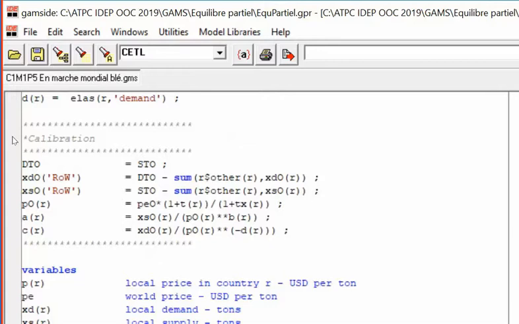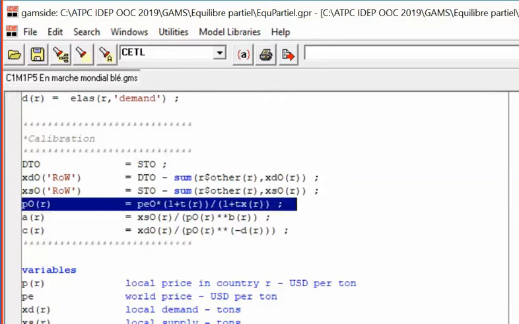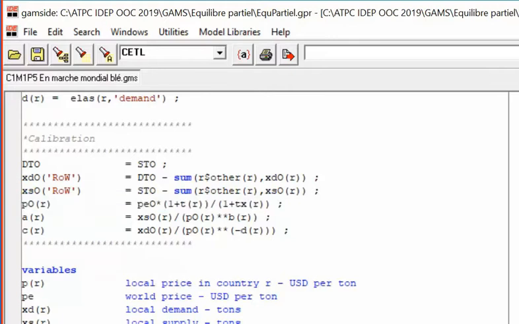With the equation on P0, the relation between P0 and PE0, I know that the price linkage equations will be respected. And with these first three equations, I know that the equilibrium on the world market will be respected.